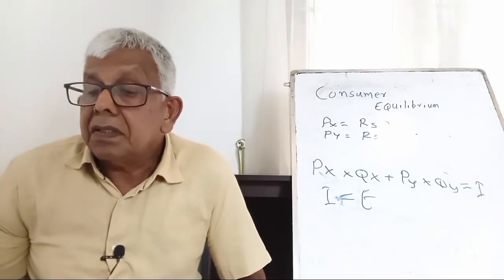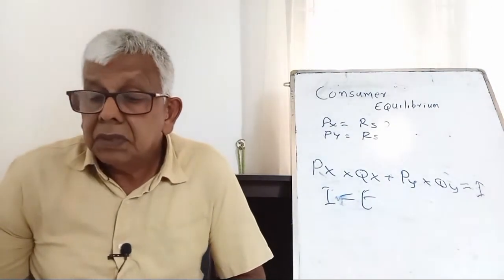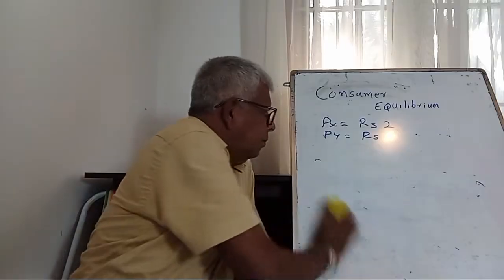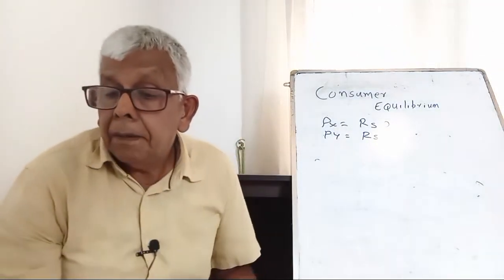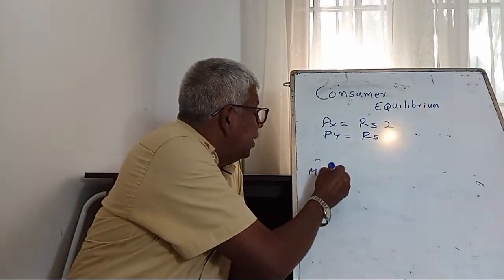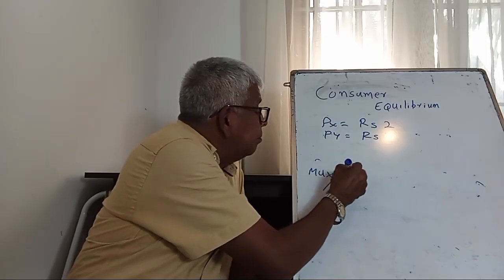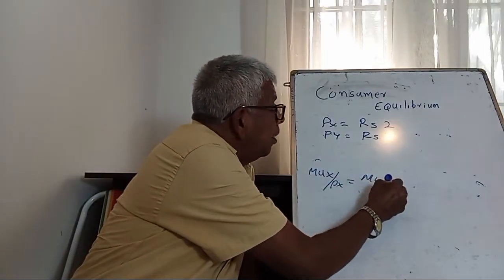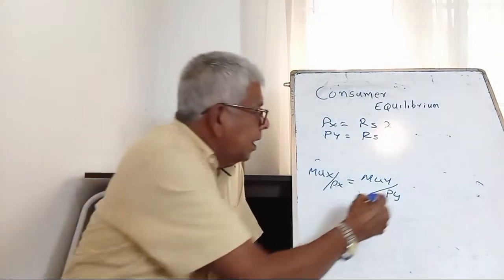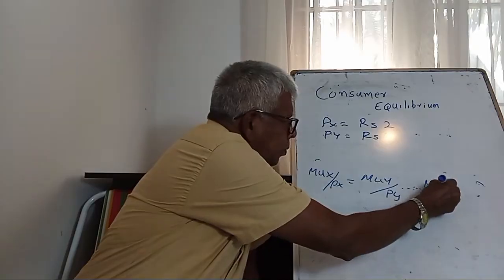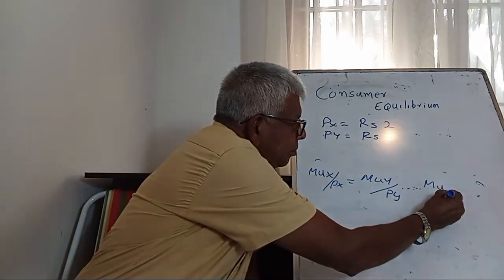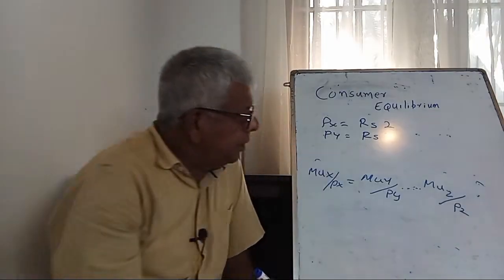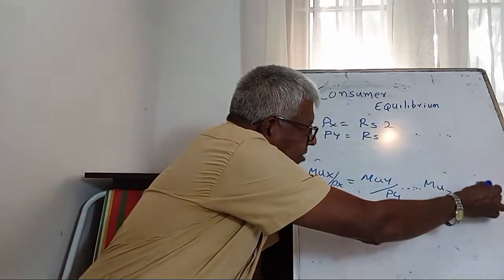So, to summarize the conditions for consumer equilibrium, I will write here like this. Finally, MUx divided by Px equals MUy divided by Py, up to MUn divided by Pn. That is condition one.